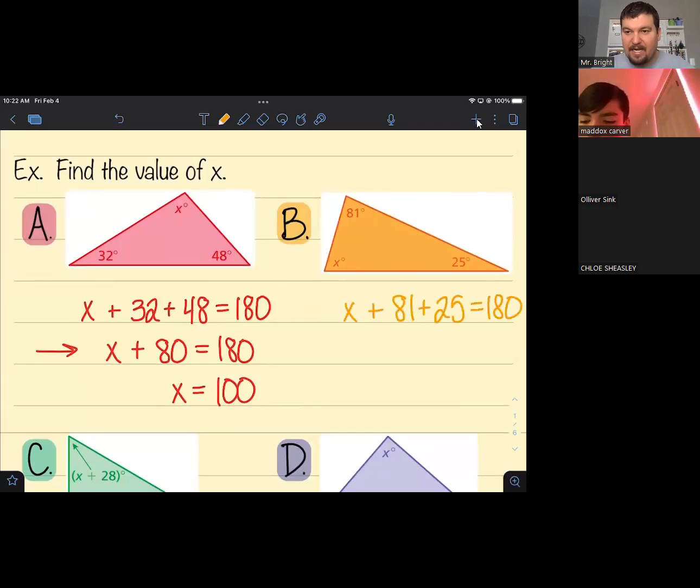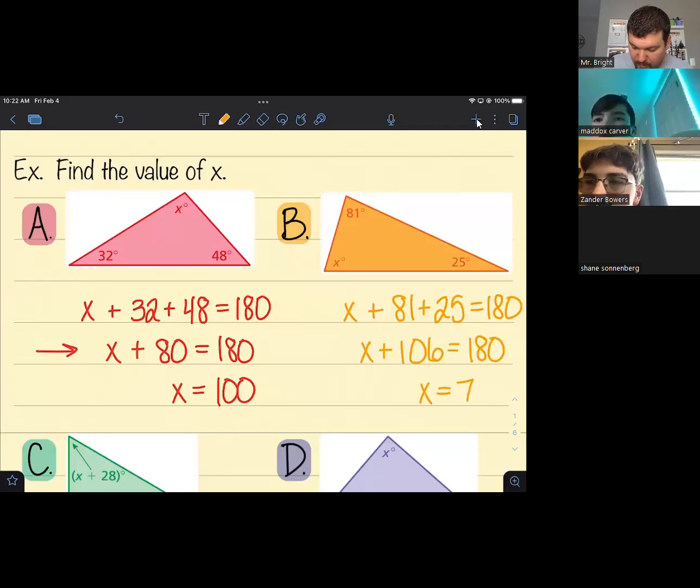Can someone add 81 and 25 for me and tell me what our like terms combine to? 106. 106, awesome. Again, if you wanted to start on your work paper right where I'm currently at, that's perfectly fine. If you just want to write X plus 106 equals 180, what's X going to equal? 74. 74, awesome.